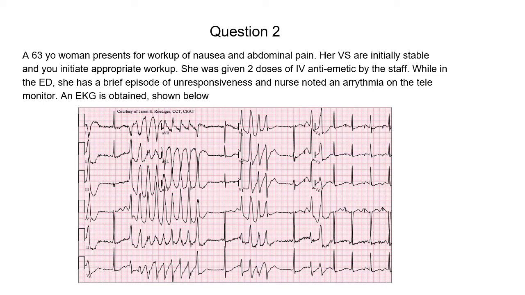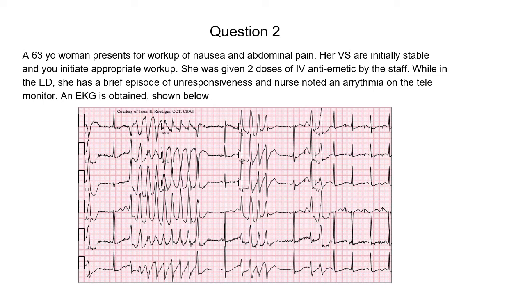No? Okay. So our second question is a 63-year-old woman who presents for workup of nausea and abdominal pain. Her vital signs are initially stable, and you initiate appropriate workup. She was given 2 doses of IV antiemetic by the staff, so something to help her from throwing up, maybe like Zofran or Ondansetron.